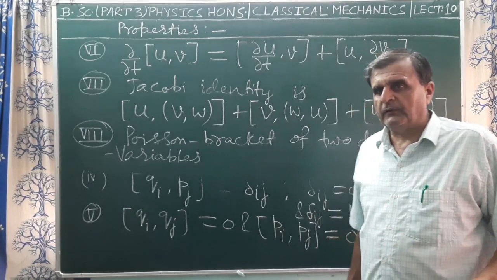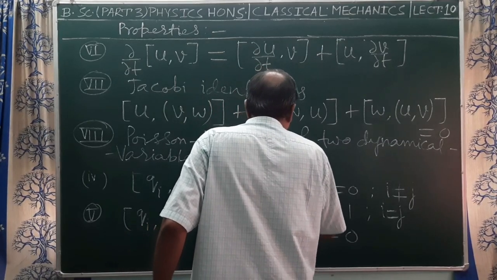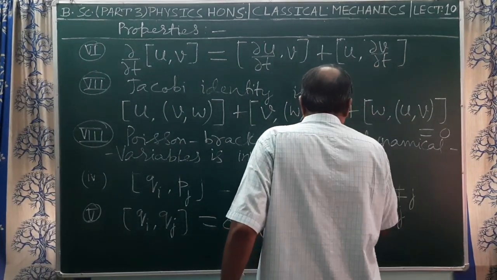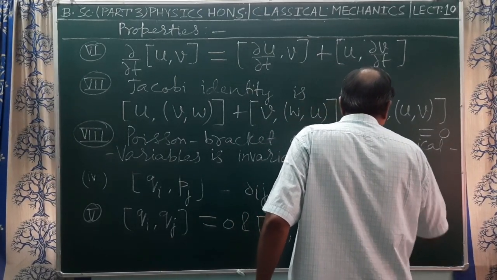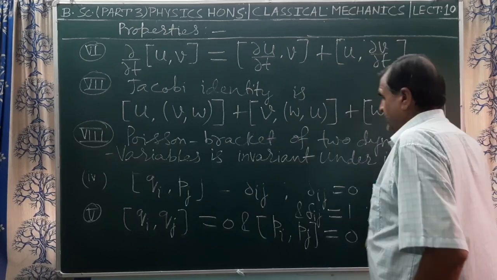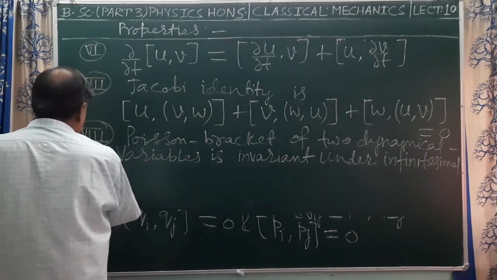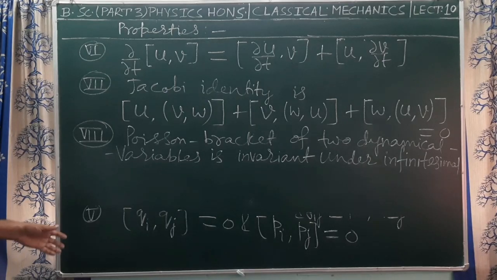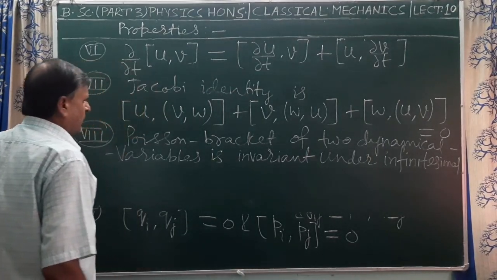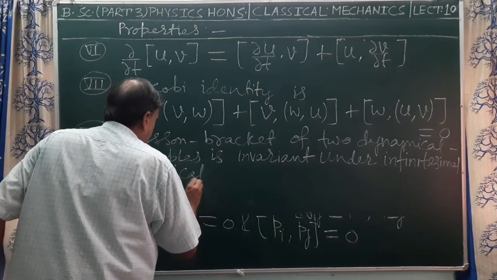So the Poisson bracket of two dynamical variables is invariant, that is unchanged, under infinitesimal canonical transformation. Infinitesimal means very small. This is one of the important properties of Poisson bracket, and it is property number 8 in this video.